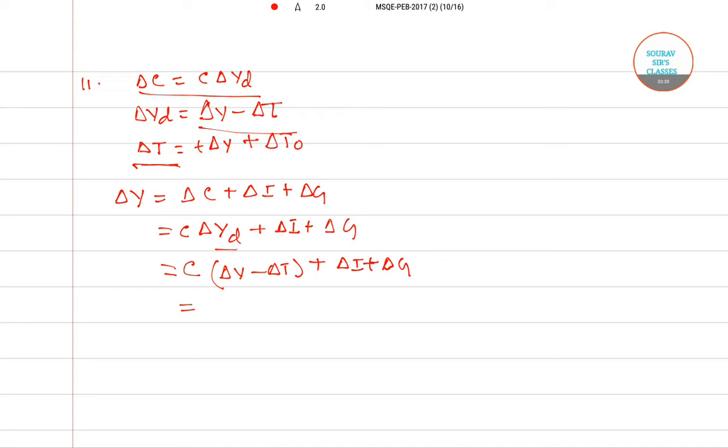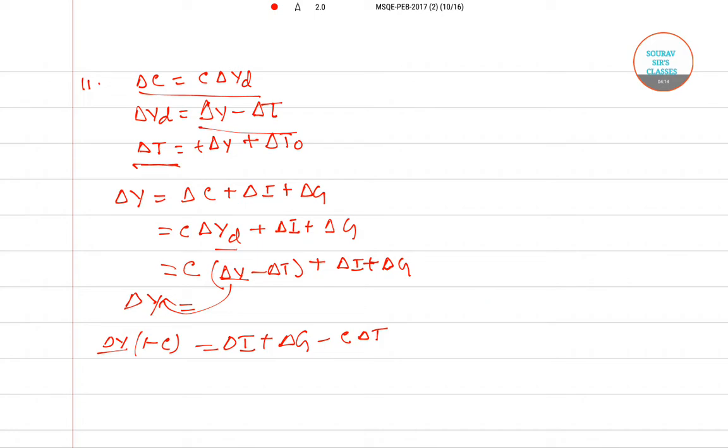Now we'll simply take this change in y on the left hand side. Taking change in y common outside the bracket, you will get change in y into 1 minus c equals change in I plus change in g minus c change in t.